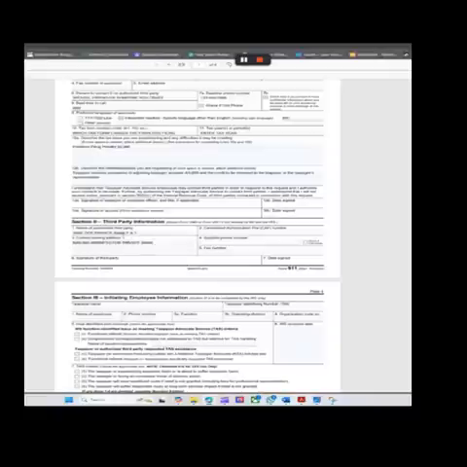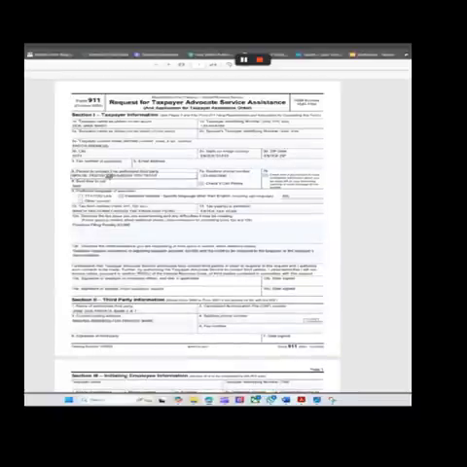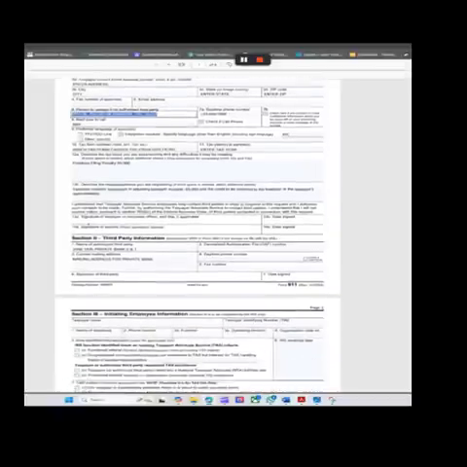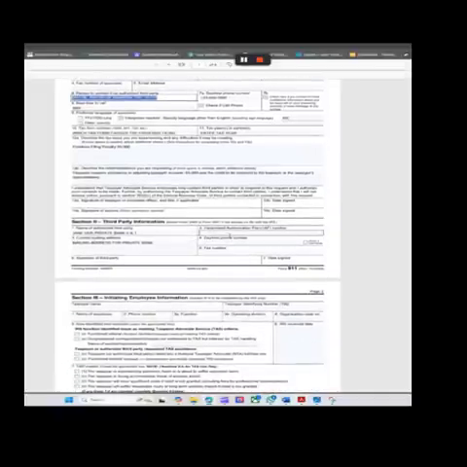But if you do enter an authorized party here, you don't need to enter a person to contact for number 6. Very plain. Mailing address. Check if a cell phone. If it's a cell phone, let them know that it's a cell phone. If you have a fax number, give them the fax number. The third party, signature of third party.